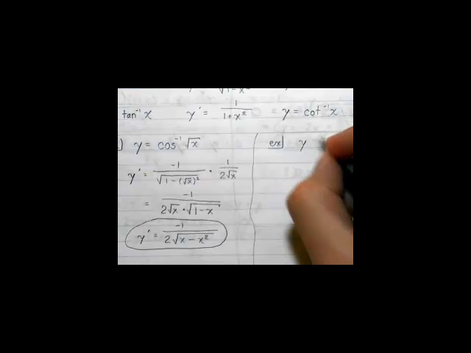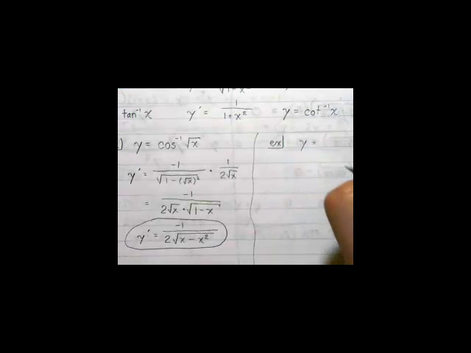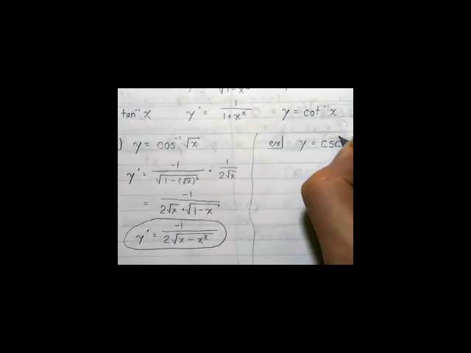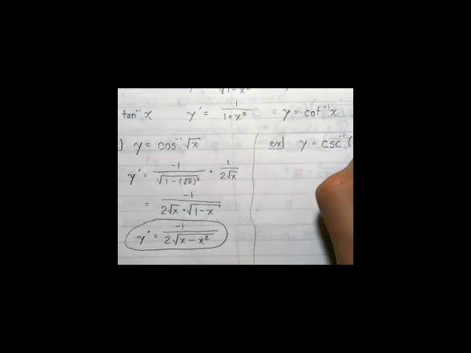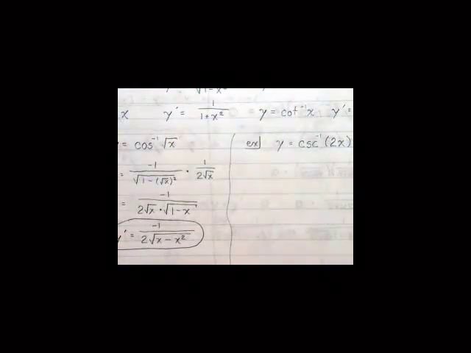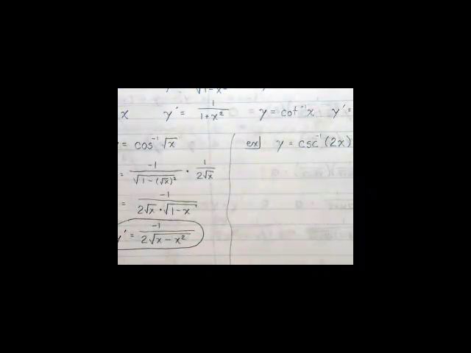How about y equals the inverse cosecant of 2x? Okay, again, it's a chain rule type thing, but I think you can handle that.